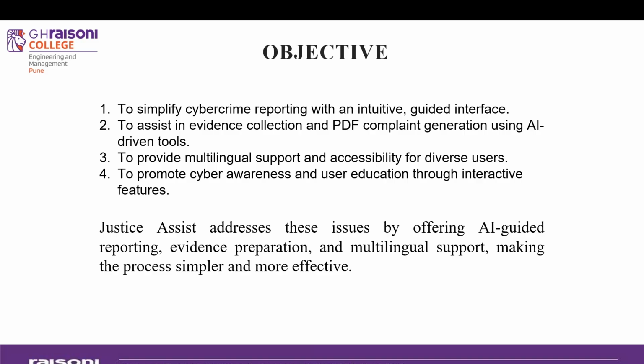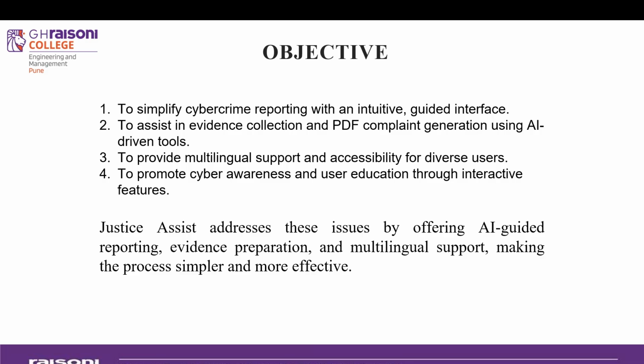The main objectives of JusticeAssist are, first, to simplify and streamline cybercrime reporting through an easy-to-use guided interface. Second, to automatically extract information from images, screenshots, PDFs, and documents using OCR and NLP. Third, to analyze suspect content using AI and suggest the crime category, threat level, and possible suspect pattern.